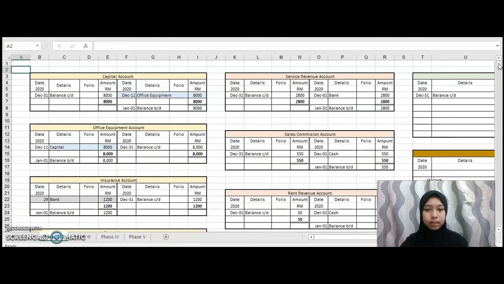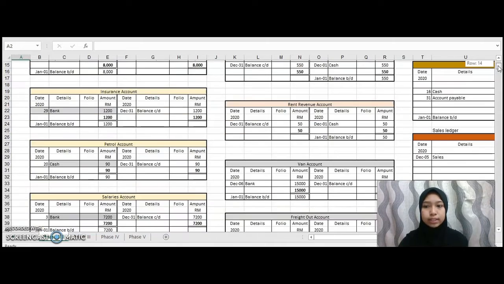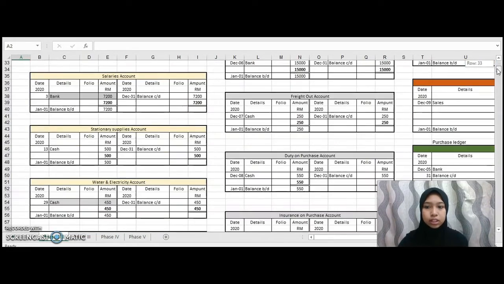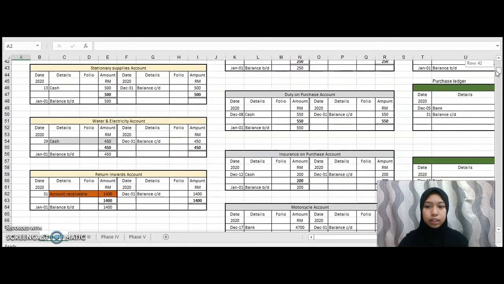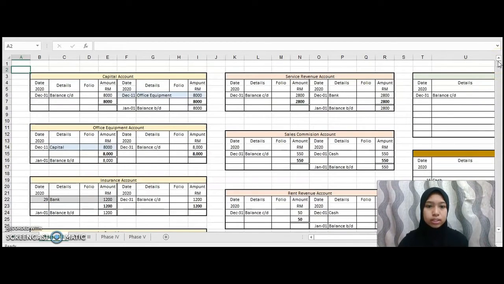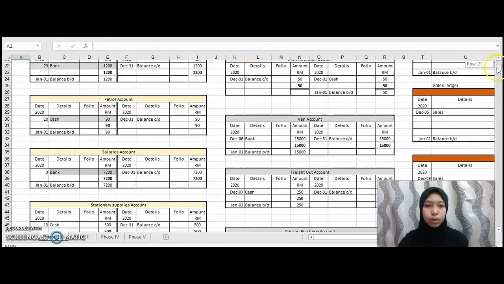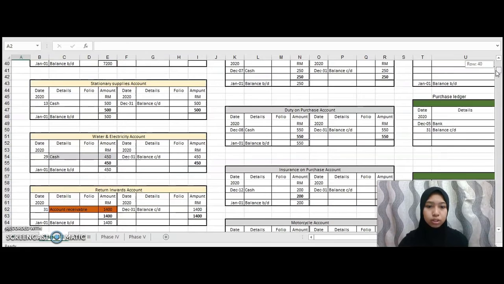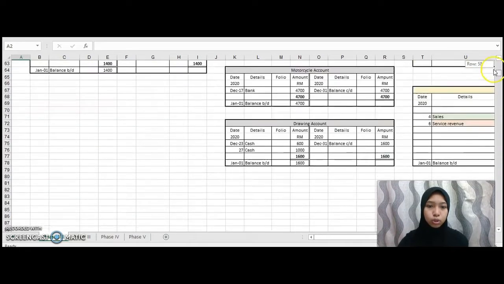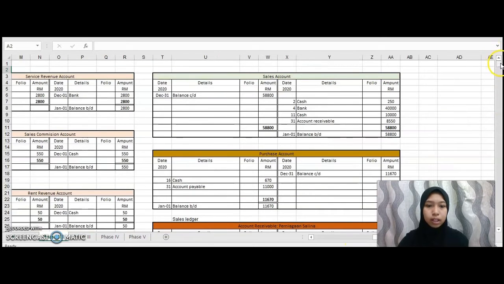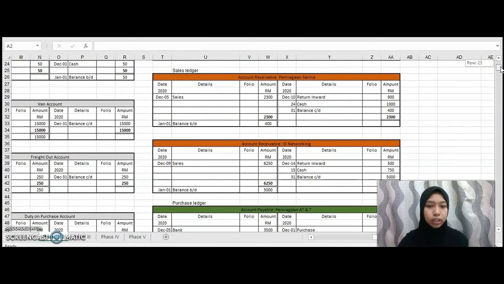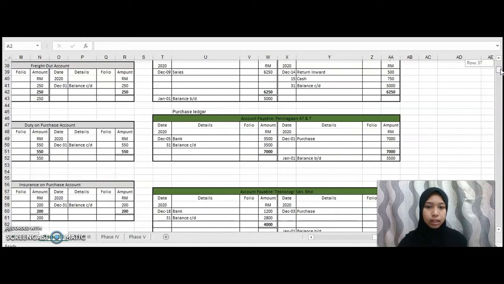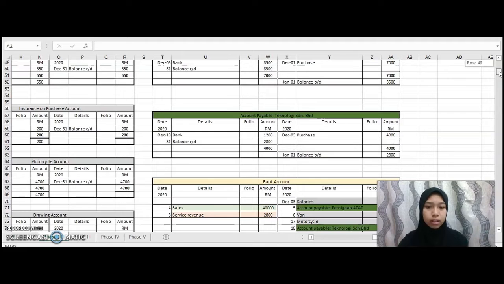As we can see, there are 24 accounts that we have processed for Sunshine Computer Sales and Service business, such as capital, office equipment, insurance, petrol, salaries, stationery supplies, water and electricity, return inward, service revenue, sales commission, rent revenue, van, write-up, duty on purchase, insurance on purchase, motorcycle, drawing, purchase, account receivable Perniagaan Salina, account receivable ID Networking, account payable Perniagaan AT&T, account payable Teknologi Sdn Bhd, and the last one is bank account.